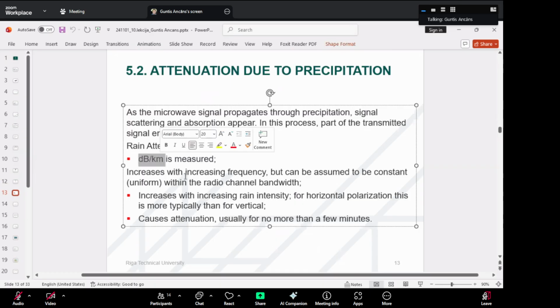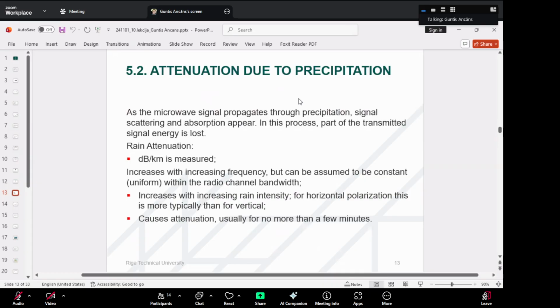Similar values are used, for example, for coaxial cable: cable-introduced attenuation has a measurement unit of decibel per meter.